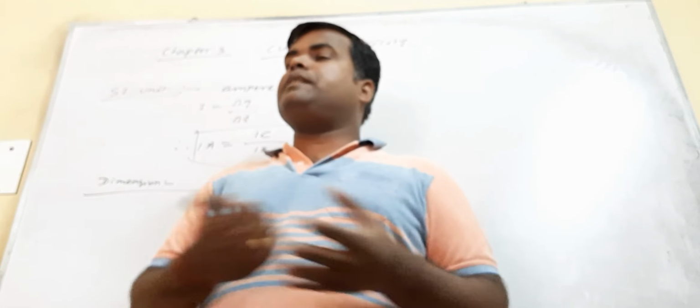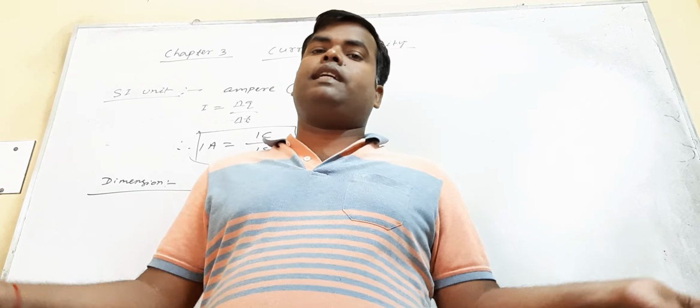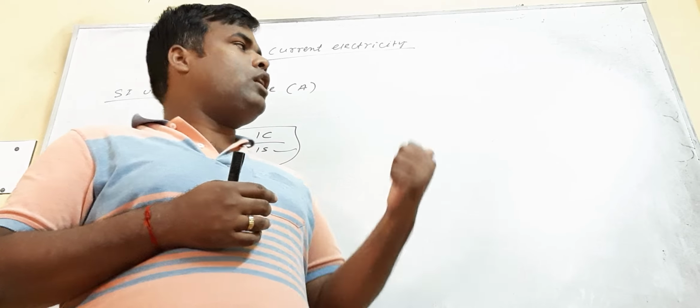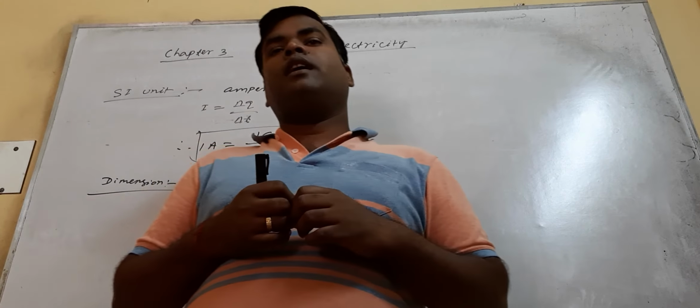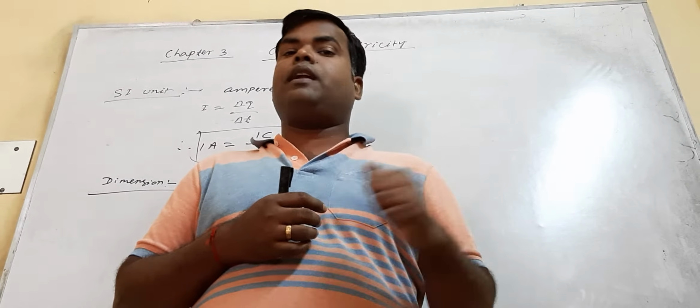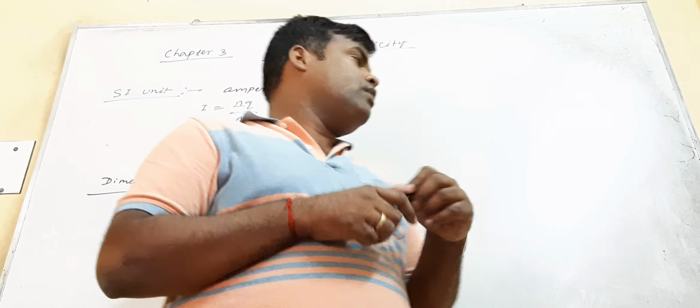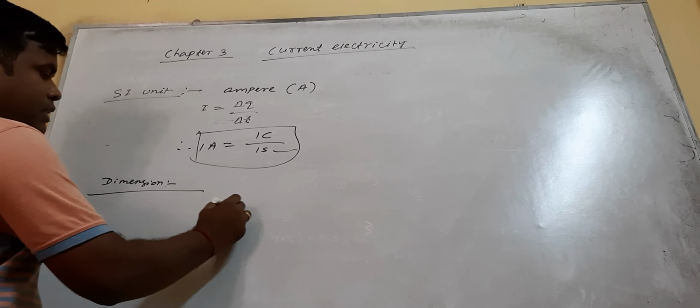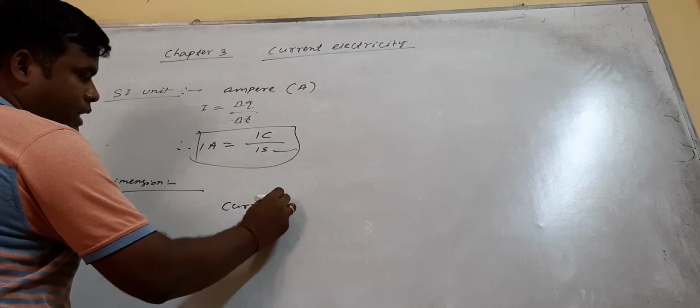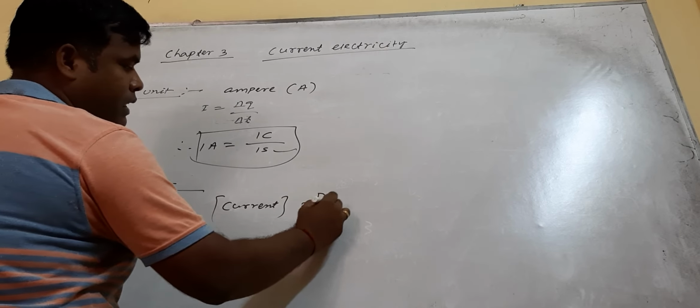So in magnetism, all the magnetic quantities are explained in terms of current. That's why we have taken current as a fundamental, not charge. You remember, its dimension is A.